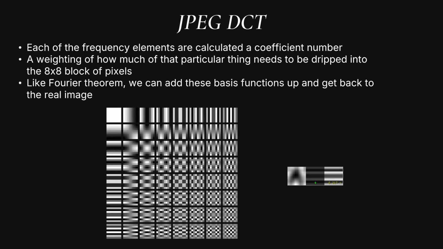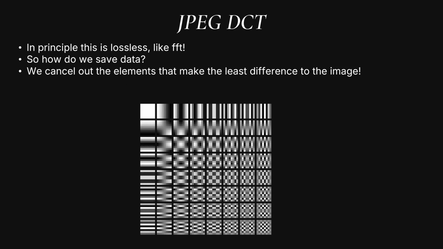And so this is how JPEG comes together. The cool thing about this is it's the same as Fourier theorem. If we take Fourier and we have an infinite number of these, and an infinite amount of accuracy, we can get perfectly back to where we came from. So it's lossless. But JPEG's not lossless, right? That's what this slide's saying. In principle, this is lossless exactly the same way as FFT is.